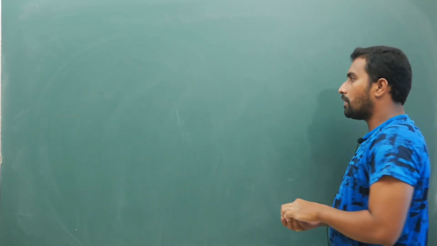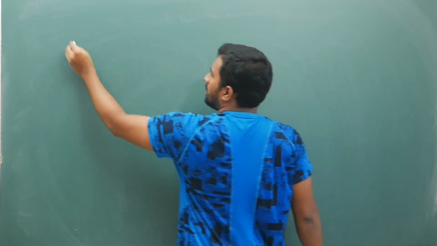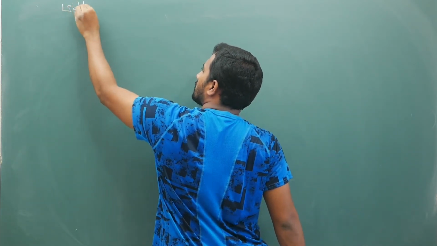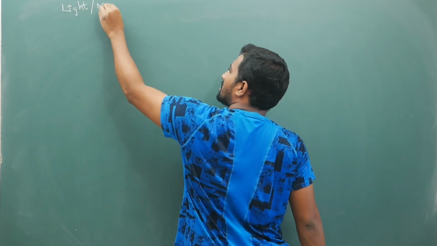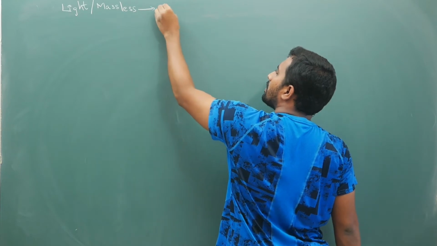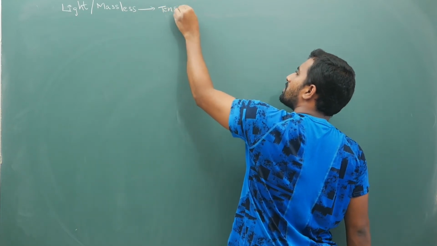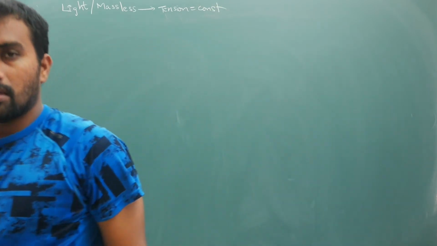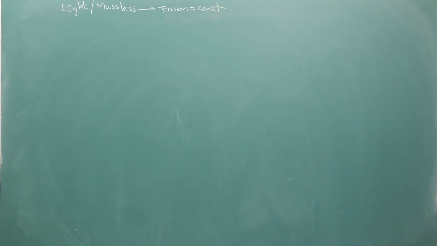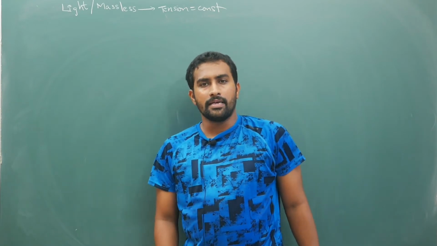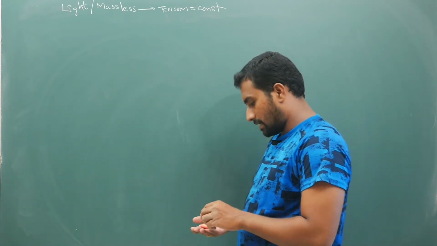My point is very clear: if you see the word light or massless, then tension in the rope is constant. It will not change. At any point your tension will remain constant. Unless otherwise mentioned, take it as constant.